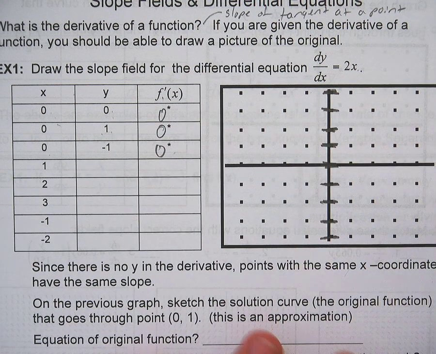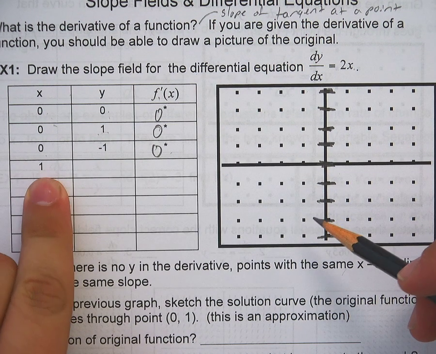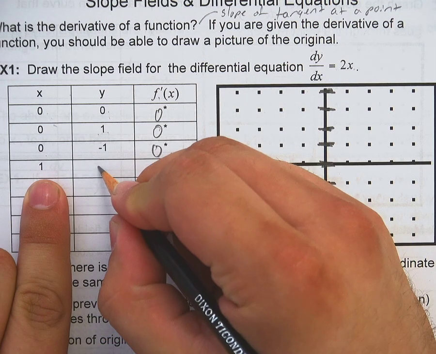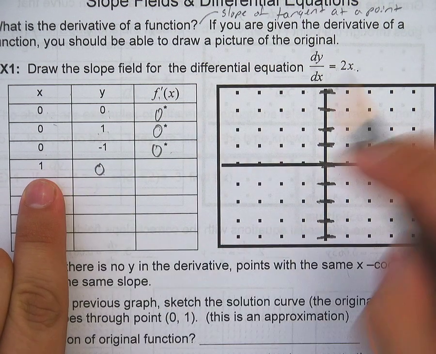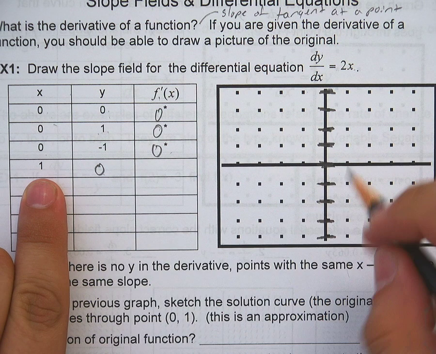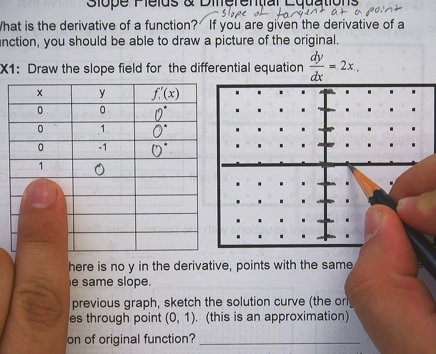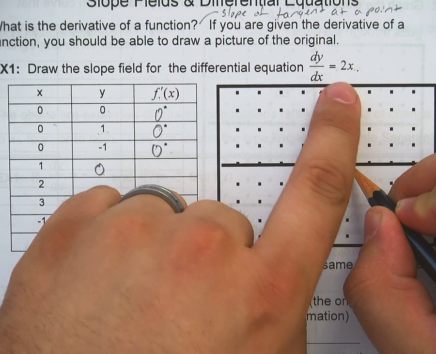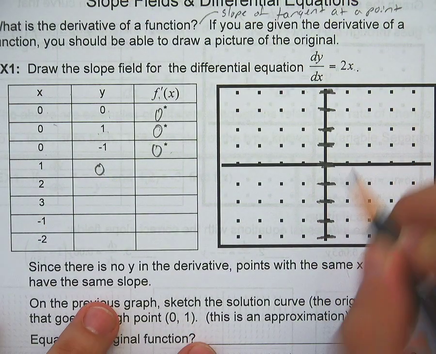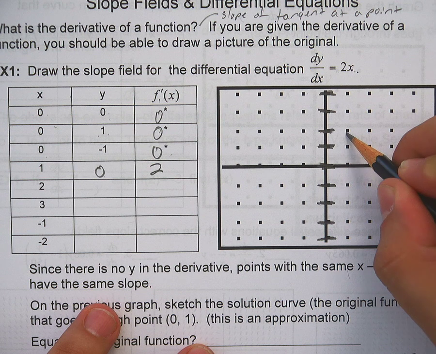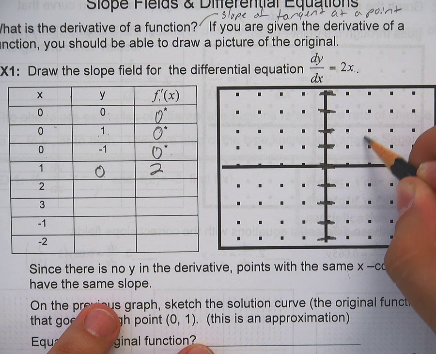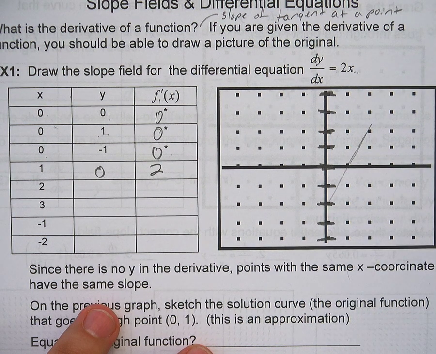All right, and then I can go to my next point. At x equals 1, and I'm going to use y equals 0, I'm just going to pick that. So at the point (1, 0) right here, if I plug a 1 in for my derivative, 2 times 1 is 2. That means that my slope is up 2 over 1. So you can imagine the line that would go through here, like this.